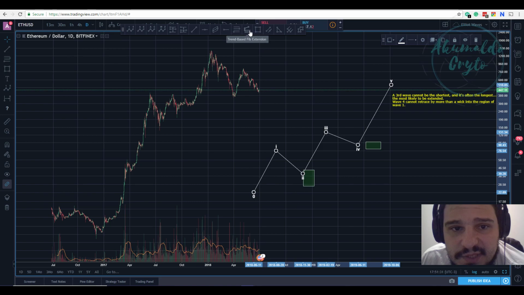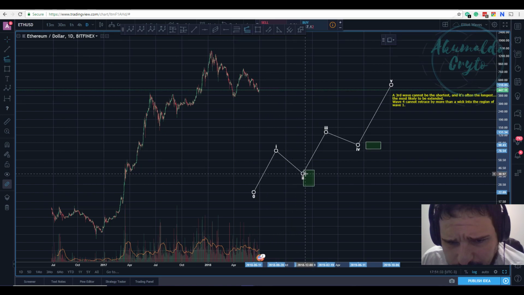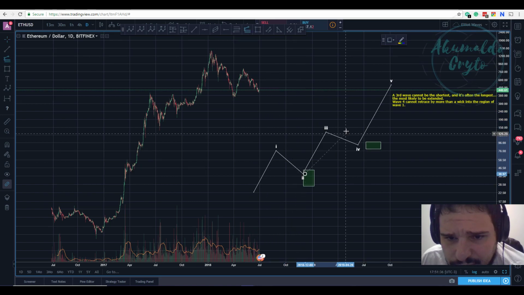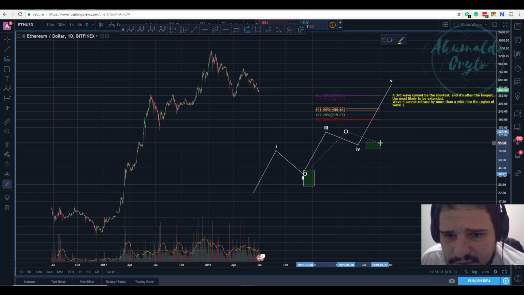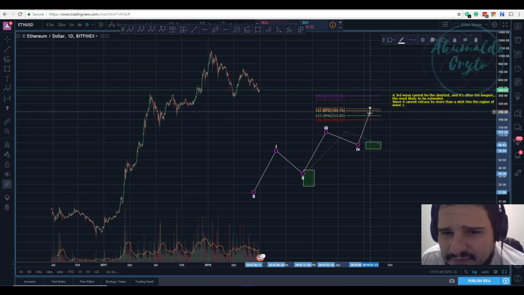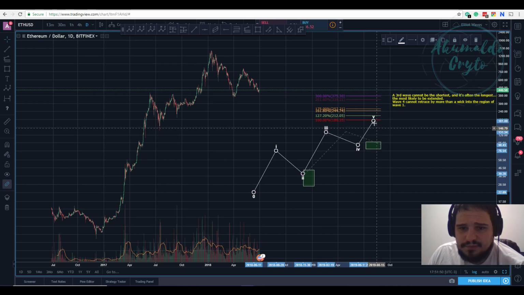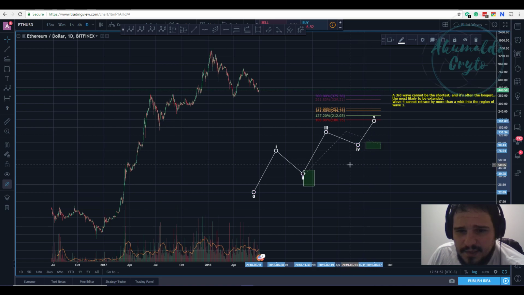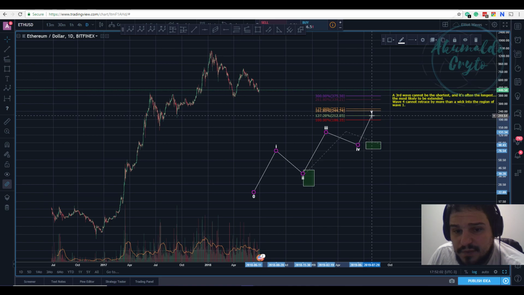Again, if we use our fib extension from 2 to 3, projecting to wave 4, here is where we would have wave 5 at 100% of wave 3. If we want wave 5 to be 127% of wave 3, here is the spot.